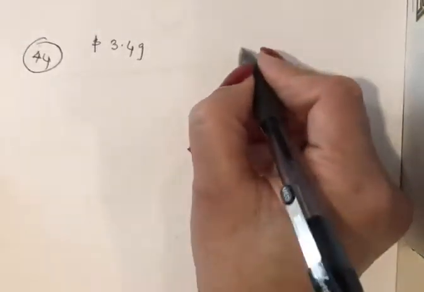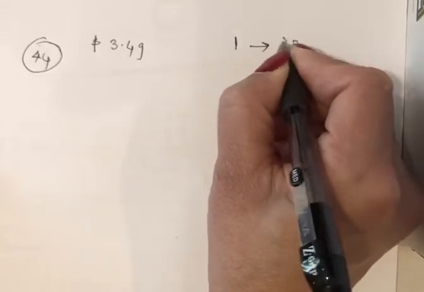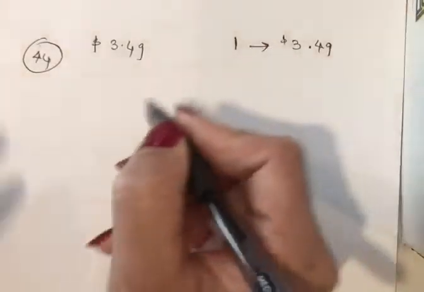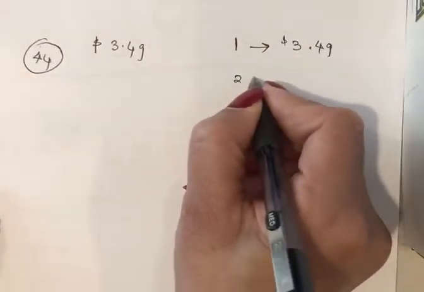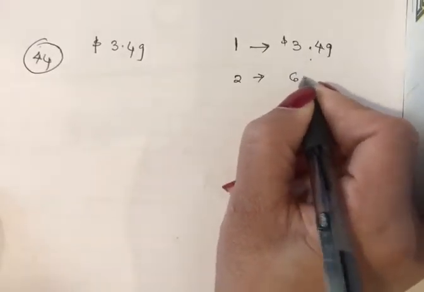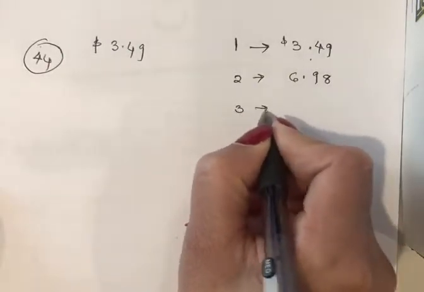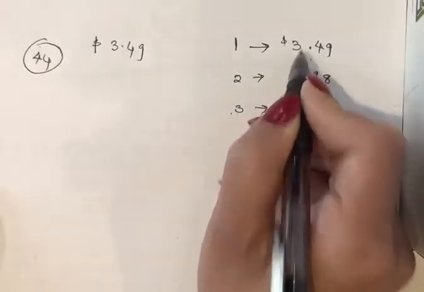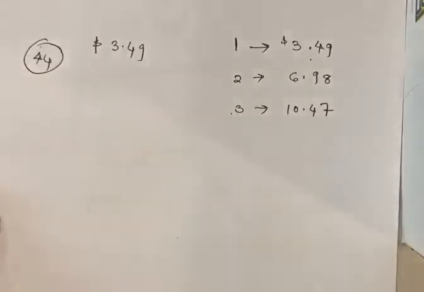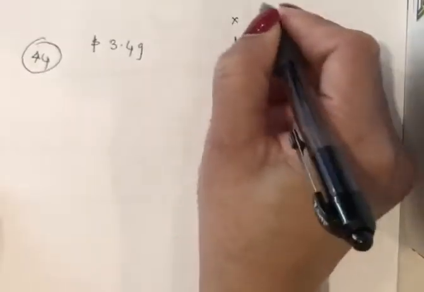It means that if you're going to buy one coffee, you would pay $3.49. If you buy 2 coffees, you would pay double this amount, which is going to be $6.98. Whereas when you buy 3 coffees, it's going to be 3 times the cost of 1 coffee, which is $10.47.